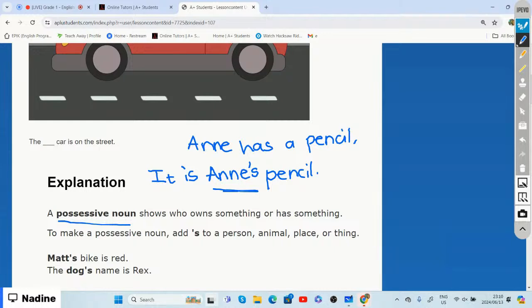Anything that shows that someone owns something or has something, we call that a possessive noun. So a possessive noun shows who owns something or who has something.